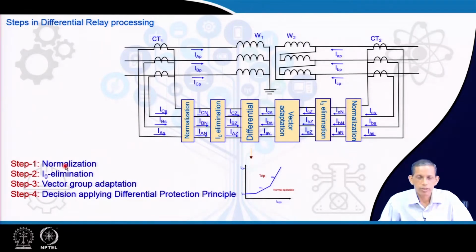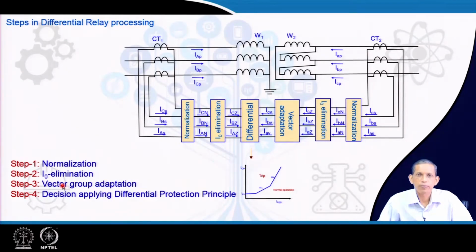First stage is normalization, then the zero sequence elimination, then vector group adaptation in one side. The method which we are following is only carried out in the low voltage side.